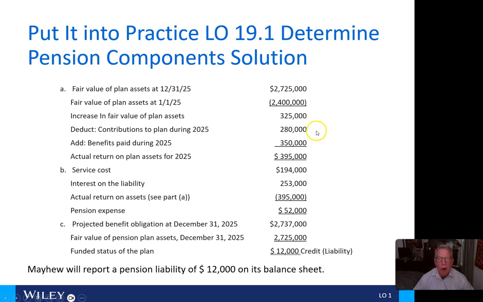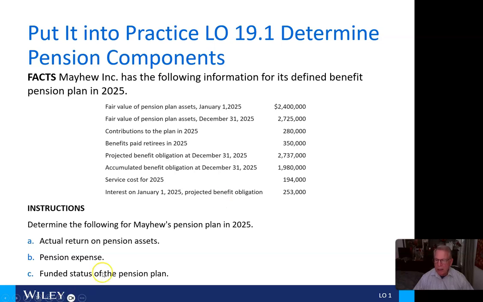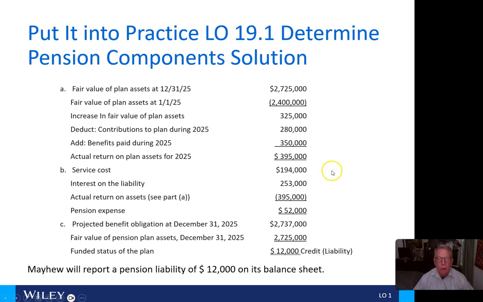We'll deduct out the contributions, and we'll add in the benefits paid, and that gives us our actual return on plan assets for 2025 of $395,000.